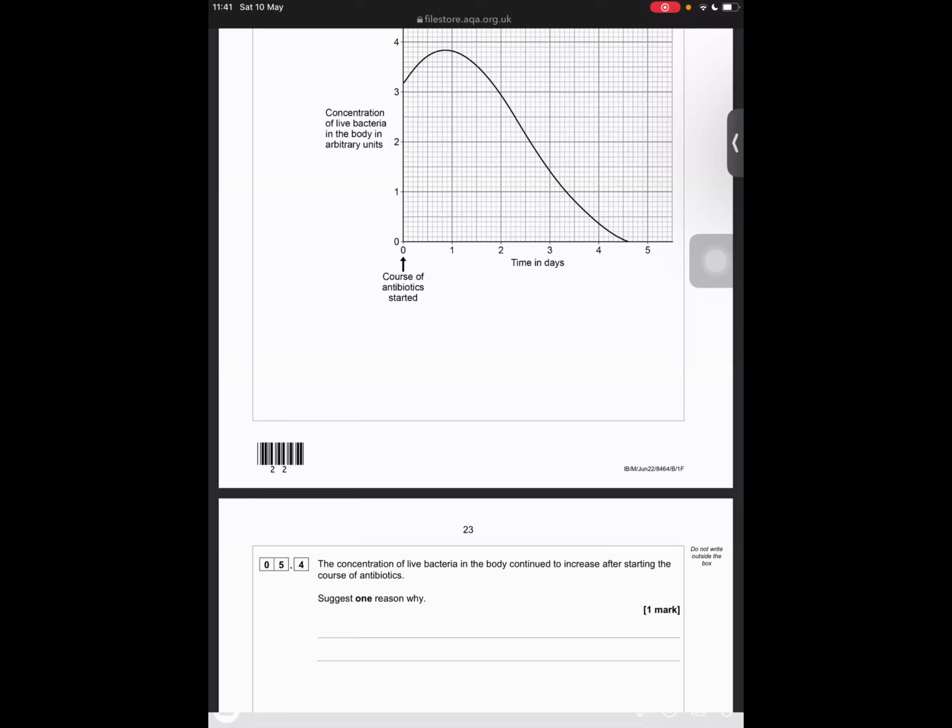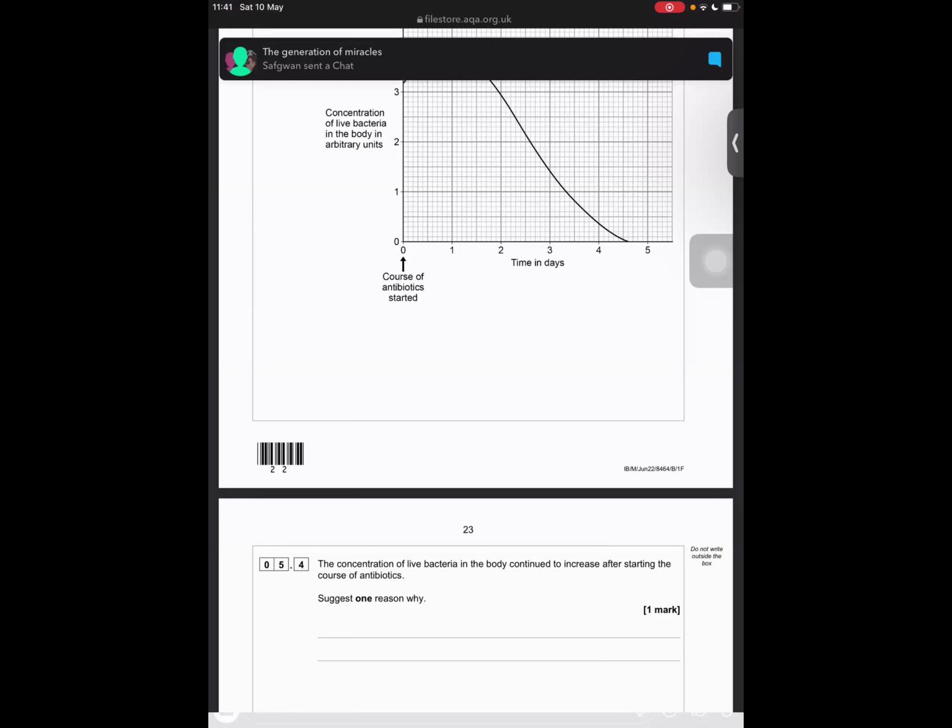So it seems like the concentration of bacteria was increasing until a point where the course of the antibiotics increased sufficiently enough to be able to contain the concentration of the live bacteria.